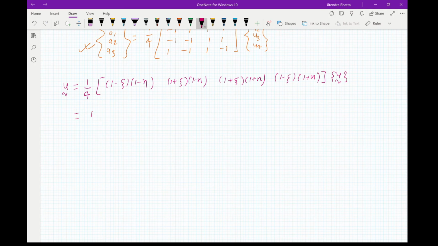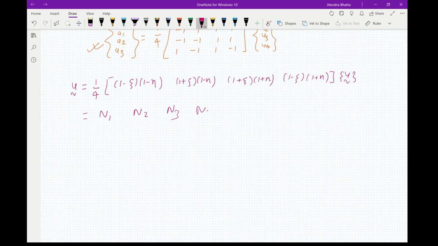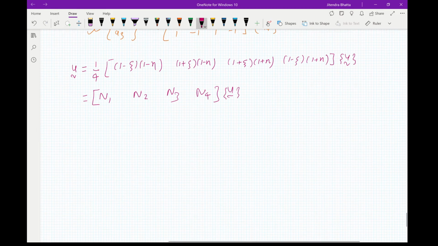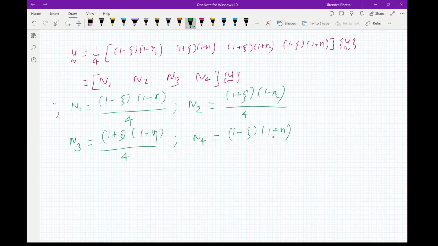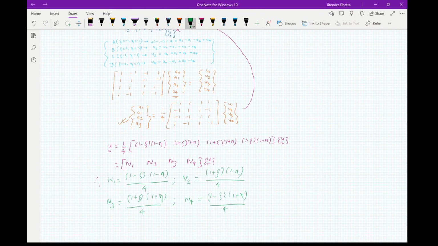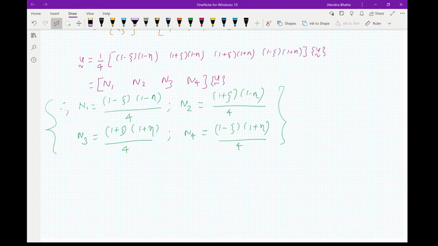Now you can write this in this form: n1, n2, n3 and n4 times of u vector. Therefore, when you compare this, what you'll get is by 4. So you can see here that we have found our shape functions for the 4 nodes.